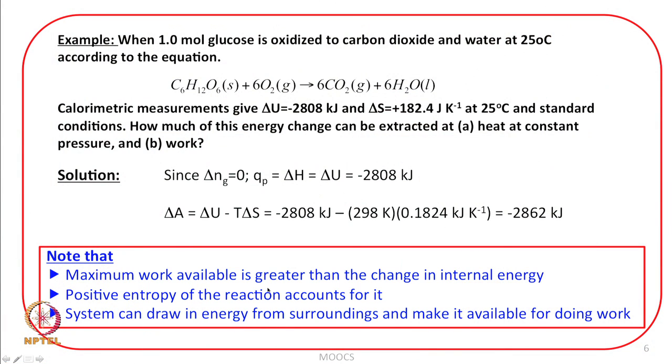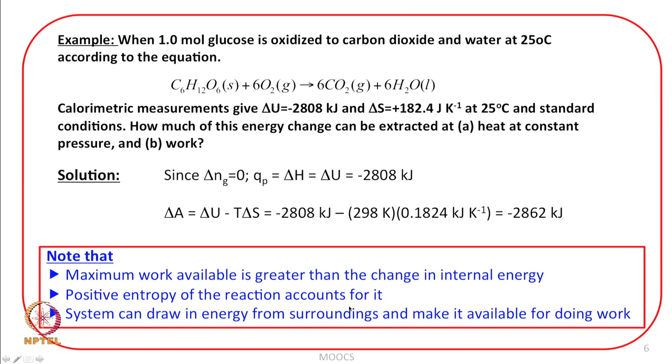And these are summarized into these conclusions, that the maximum work available is greater than the change in internal energy. Minus 2862 is greater than minus 2808. And what is the reason for this? The reason is the positive change in entropy.